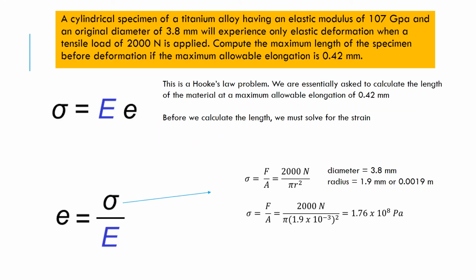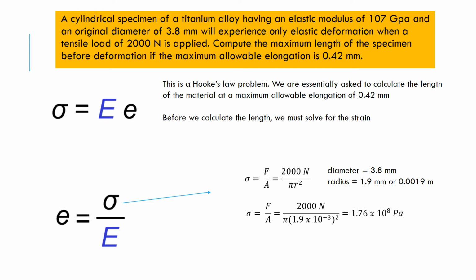So as I said, the first thing to realize about this particular problem is that it's a Hooke's law problem, because we're in the elastic deformation region of the material. We know that under this tensile load of 2000 newtons, only elastic deformation occurs.